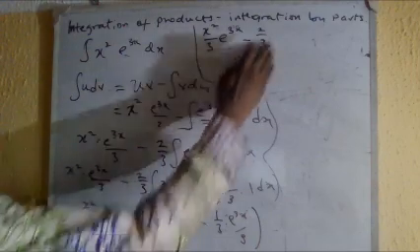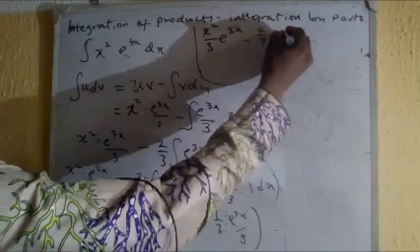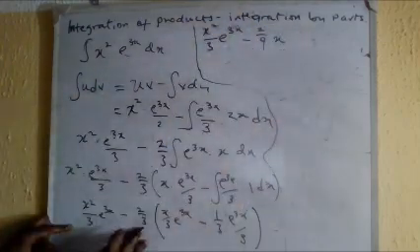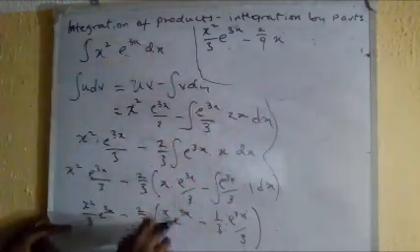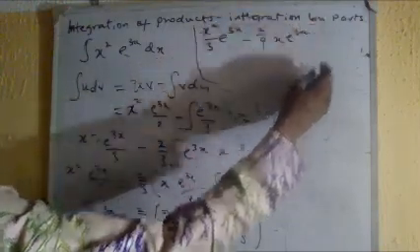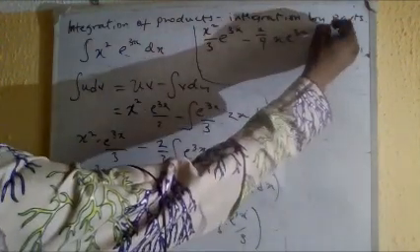Then x, yes, 2 over 9. X, this is x. Then exponential 3x. Then minus. This into this now is 2 over 9 again. Exponential 3x.